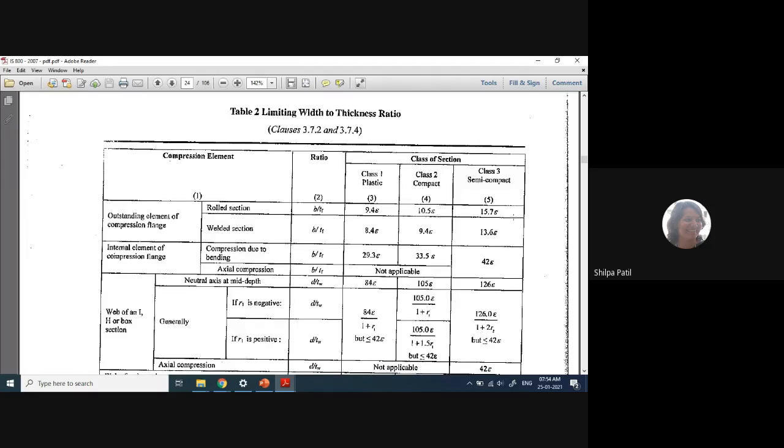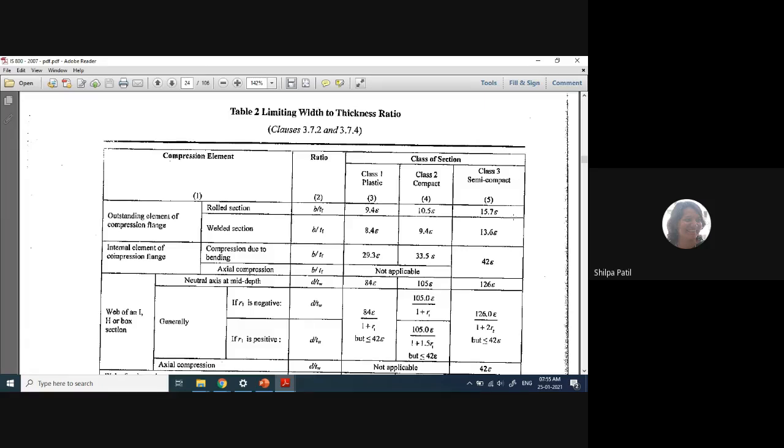If a section, even before yielding a single fiber, fails due to local buckling, such sections should not be used in construction.